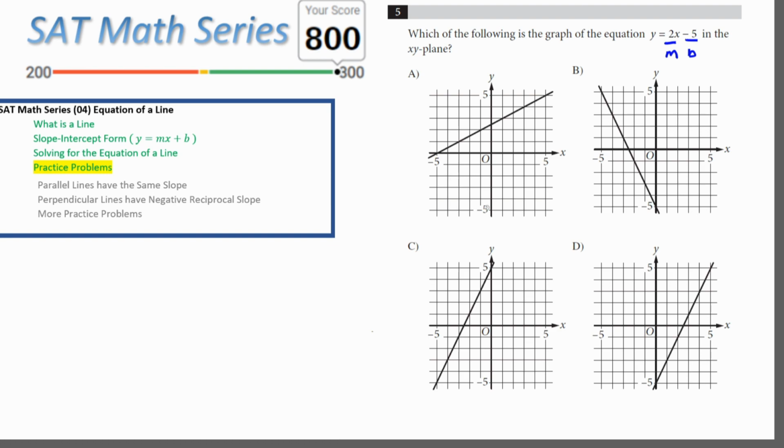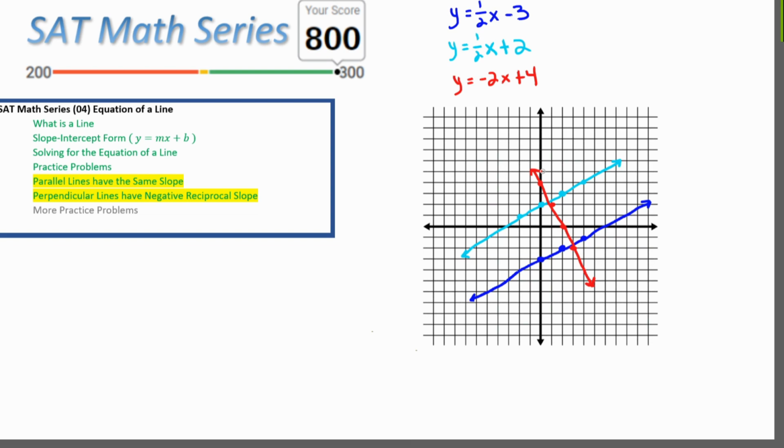This one does not cross here, so it can't be A, because we were looking for this point here to exist. This point does exist in B, does not exist in C, and exists in D. Then we could literally try any other point, but more intuition would say we have a positive slope, and we know that this one has a negative slope as y falls as x goes across. So very quickly, D.